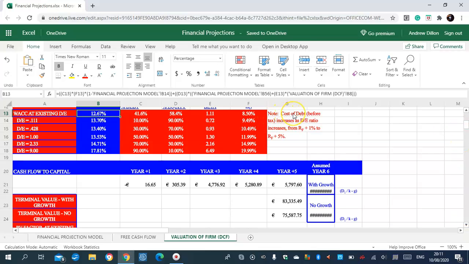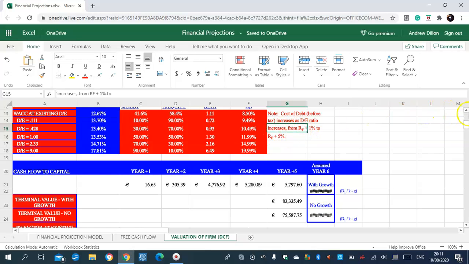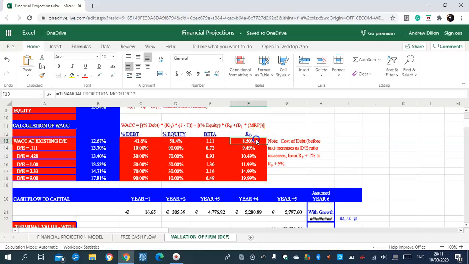The note is cost of debt before tax increases as the DE ratio, which is the debt and equity ratio, increases. We have 14 plus 0.01.